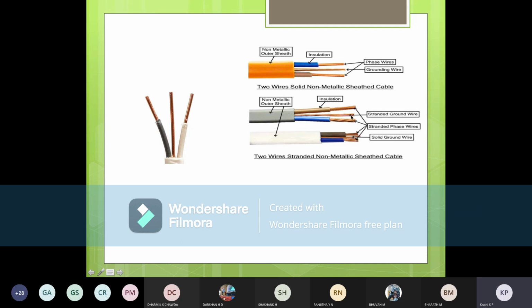The standard ground wire is this one, and these two are the phase wires. Coming to the solid one, it is the same. These two are the phase wires, and this is the ground wire in the middle. As you can see, the ground wire has not been insulated. It is connected in the middle of those two insulated wires.